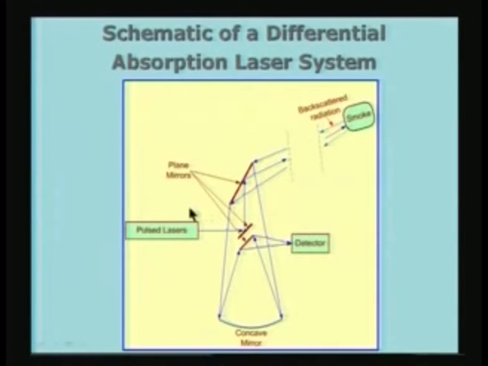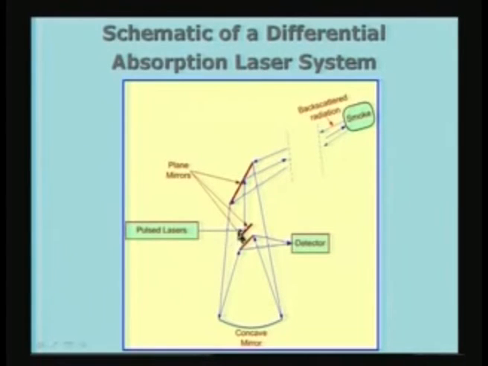We have pulse lasers, two lasers, one which is going to be lambda on and the other lambda off. Both of these pulse lasers will be sent through the atmosphere. In this case I have made some arrangement: there is a mirror and another mirror here, so that the beam is sent in the direction of my interest.